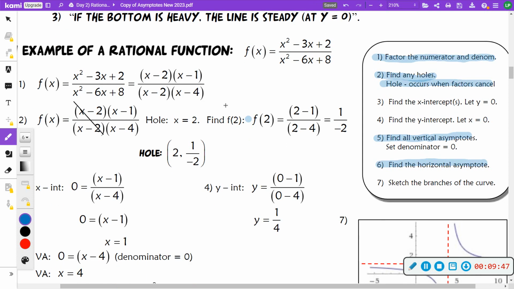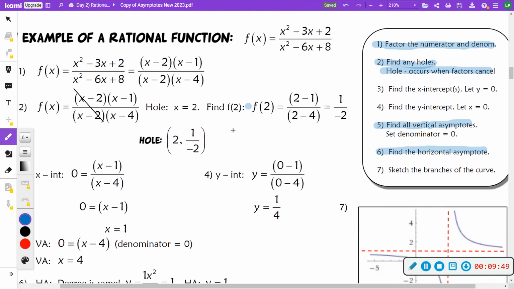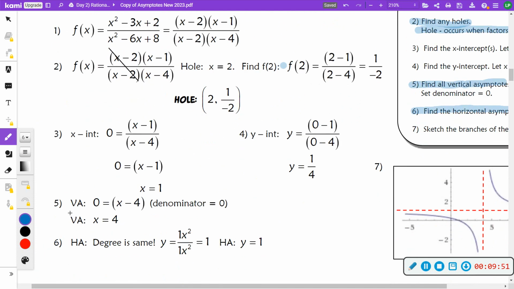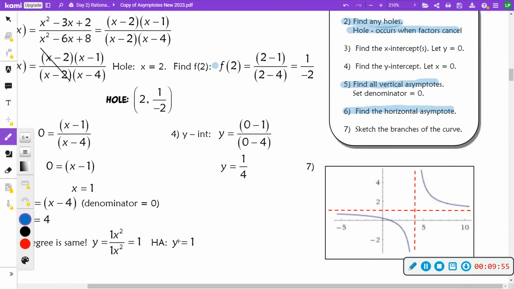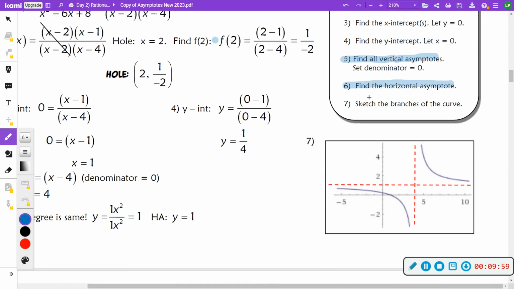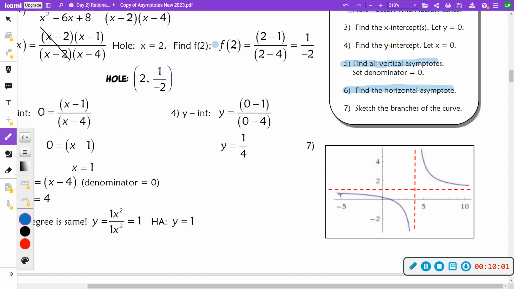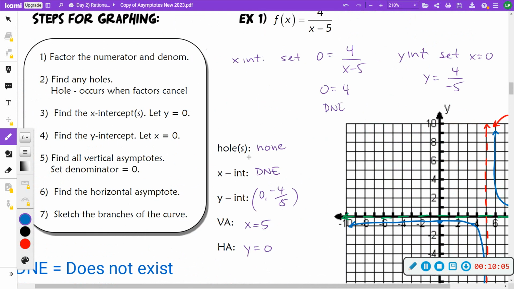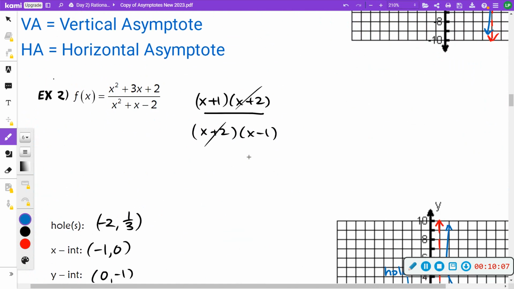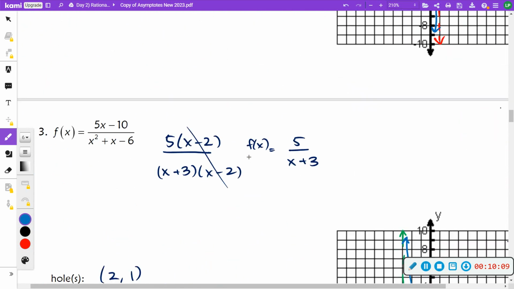Just to make the video shorter, I'll let you read through these examples yourself. A couple things: VA stands for vertical asymptote. HA stands for horizontal. And then I'll walk through how to find the x and y intercepts down below. And then also branches, that we call this a branch. So there's a few examples here. I'll let you read through those yourself.